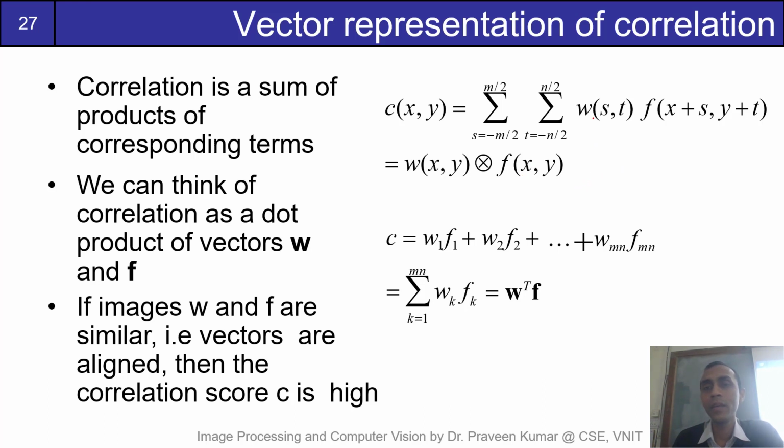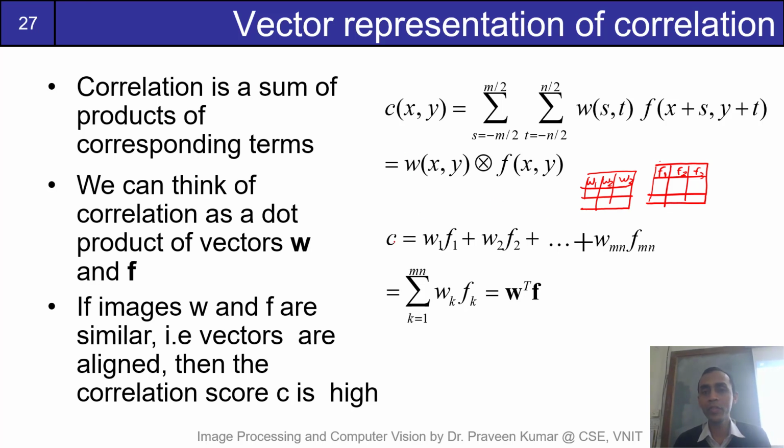Let us say the filter W has w1, w2, w3 and so on, and similarly the corresponding image locations as f1, f2, f3 and so on.